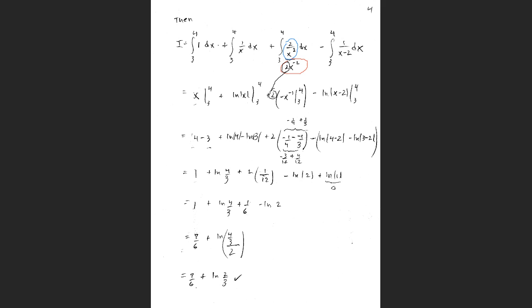And so what's left is to find the antiderivative of x to the negative second power. That's just negative x to the negative first power. It's the power rule in reverse. I see. Okay. Thank you. All right. Very good.